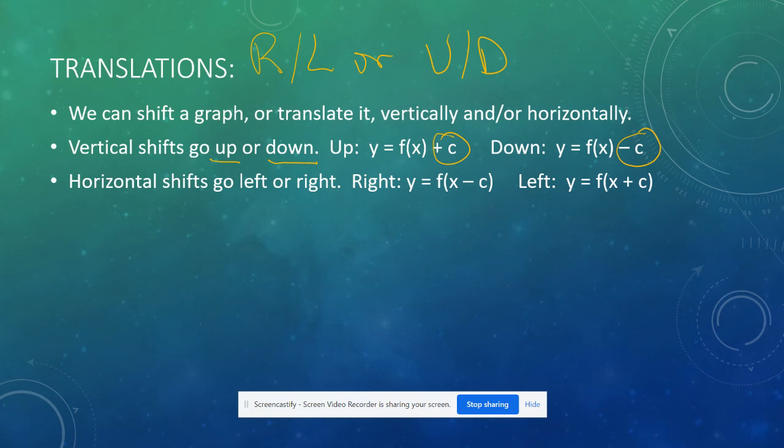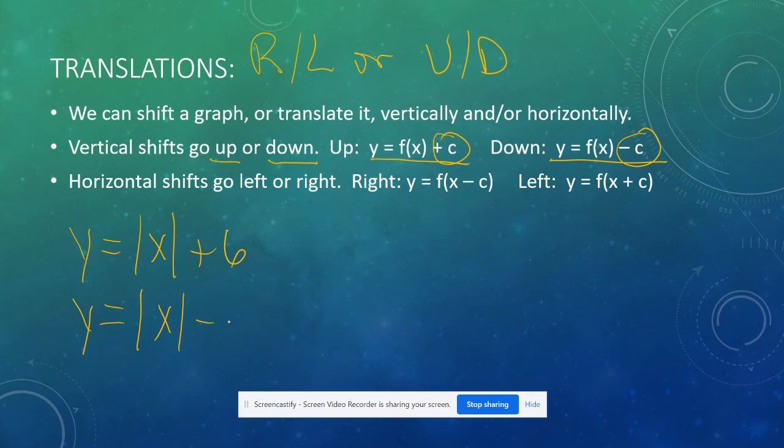An example of that would be, this is filling in your blanks here, if we had y equals the absolute value of x plus 6, or y equals the absolute value of x minus 11. This plus 6 would be moving up 6. The minus 11 would be moving down 11.